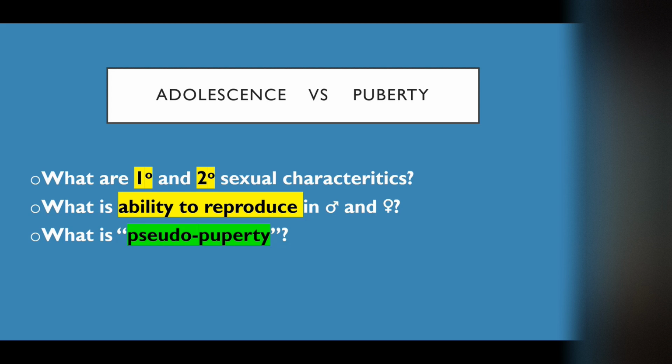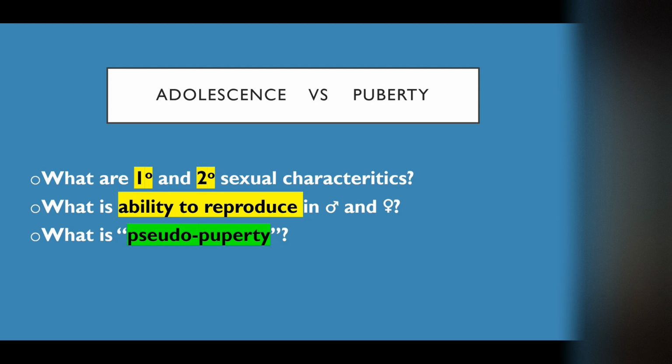Primary sexual characteristics, you have from the day you are born, but they're not necessarily mature. So gonads, fallopian tubes, uterus, they are there since birth. You need them for reproduction, but they are not mature. They have the wrong epithelium, wrong size, wrong cells inside. We need to make them mature. That's your primary: everything needed for reproduction.